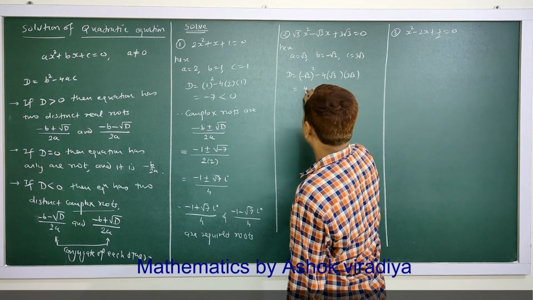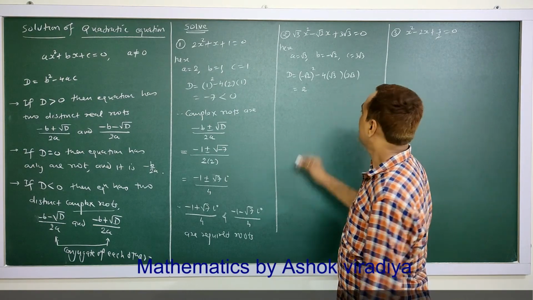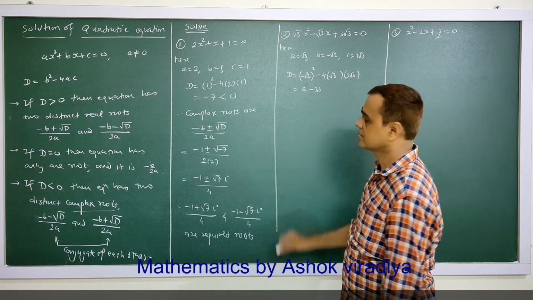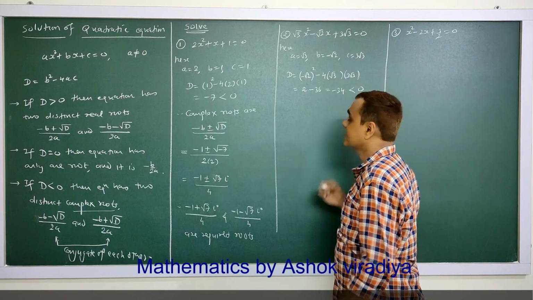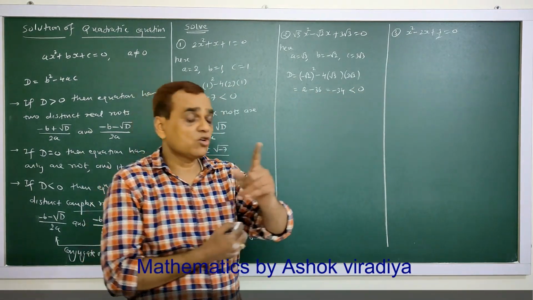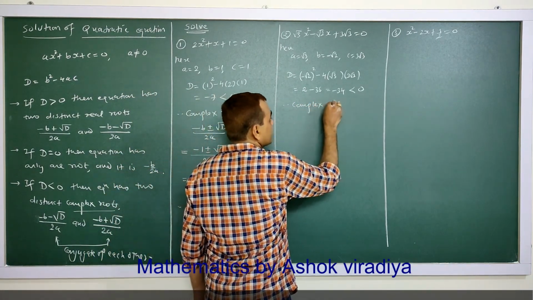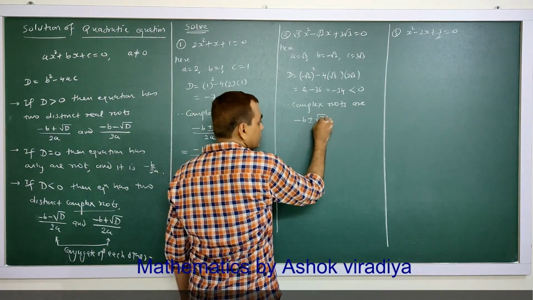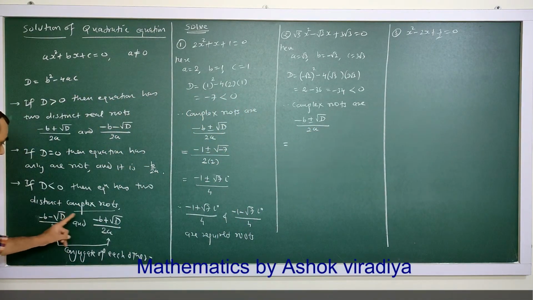So it is √2 squared, that is 2, minus 4 into 3, 12, 12 into 3, 36. So it is -34, and this is less than 0. D is less than 0, so it has complex roots. Therefore, this equation has complex roots, and roots are (-b + √D)/2a and (-b - √D)/2a.